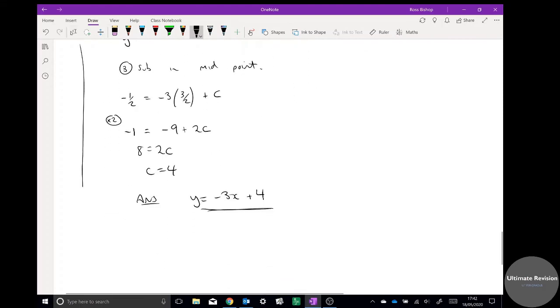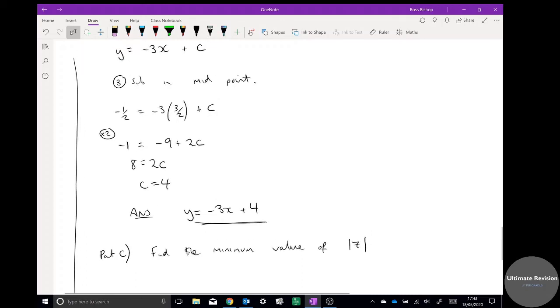Okay. Now the final part, part C of the question, is find the minimum value of modulus z.